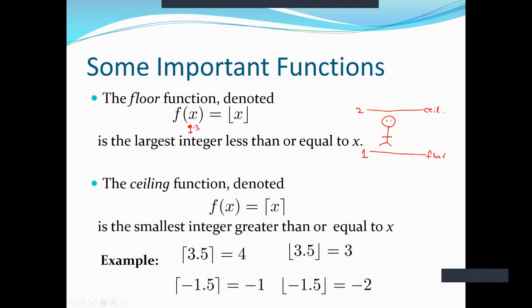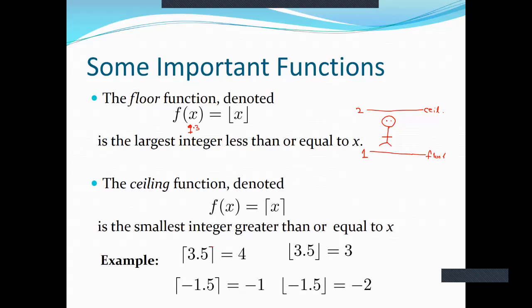Here are some examples. The ceil of 3.5: the ceil is the smallest integer greater than or equal to x. So x is 3.5, and the smallest integer greater than or equal to x is the round number. We always get a decimal number, and then we need to get a round number, an integer.